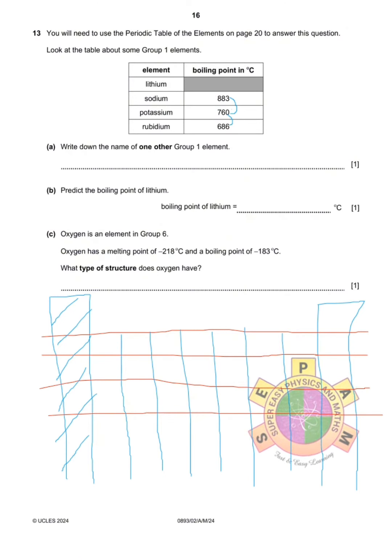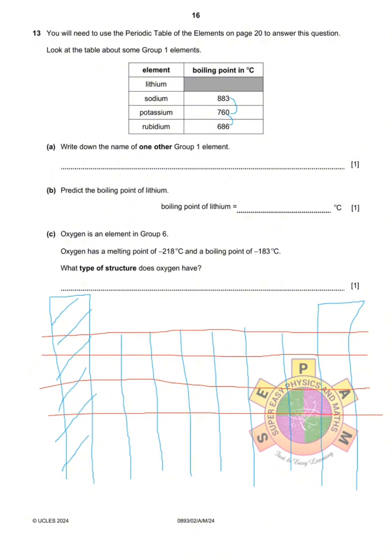Then you now have, so let's see, these are the periods, which are the horizontal ones. So you have periods, okay. And then on the periodic table you have group 2, group 3, group 4, group 5, group 6, group 7, then you have the 8.